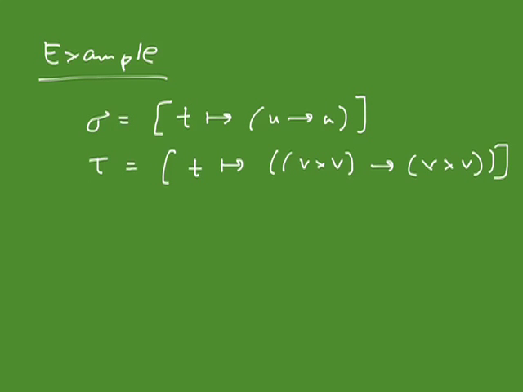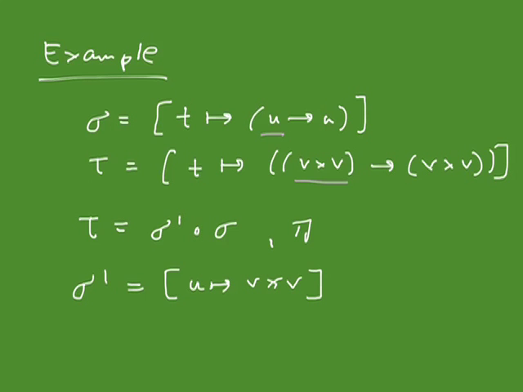And we can easily find a type substitution such that tau is sigma prime applied to sigma. If we take sigma prime to be, well, it's obvious how to make these equal. We just make these the same. So let's simply map u to v times v. That does the trick.